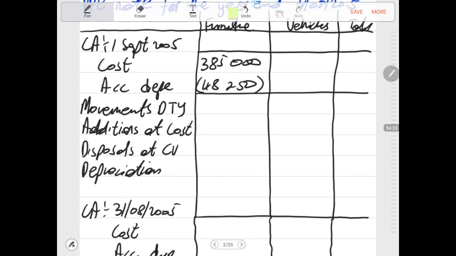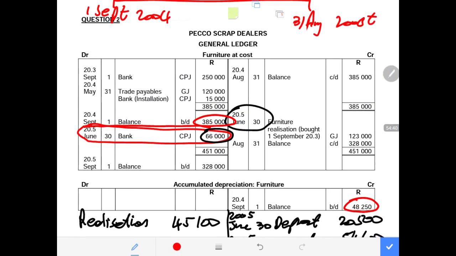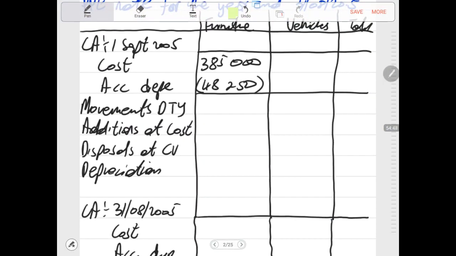Then after, I need to ask myself, was there any furniture that was bought during the year? Yes, the cost of the furniture that was bought during the year amounted to 66,000 rands. Remember, additions at cost. So I need to record that 66,000 rands.